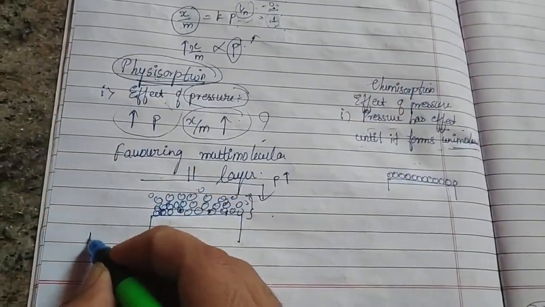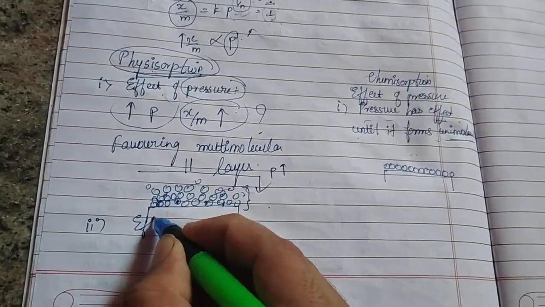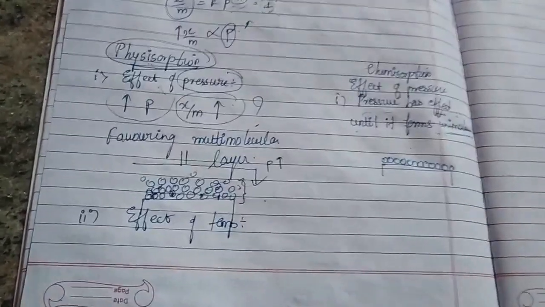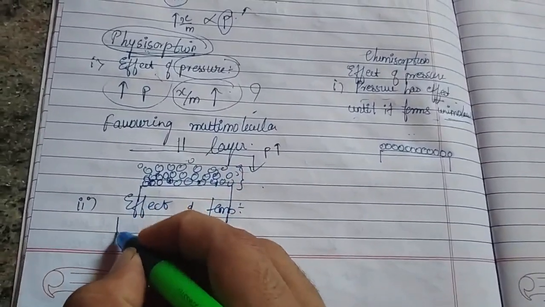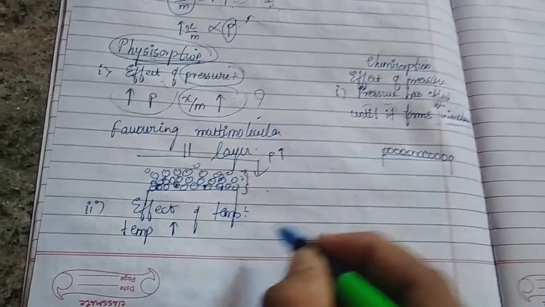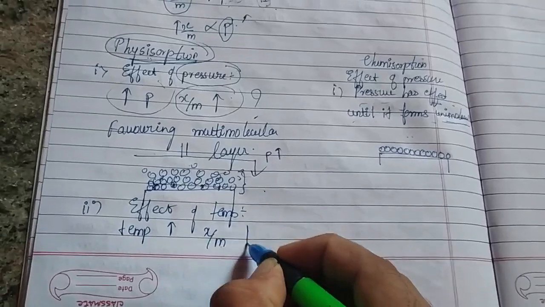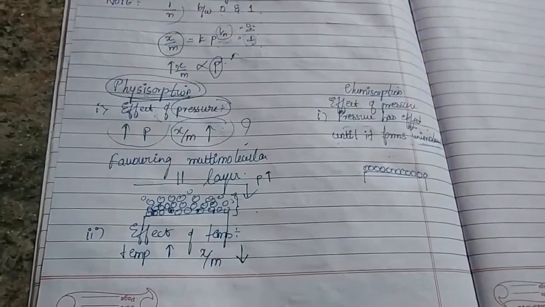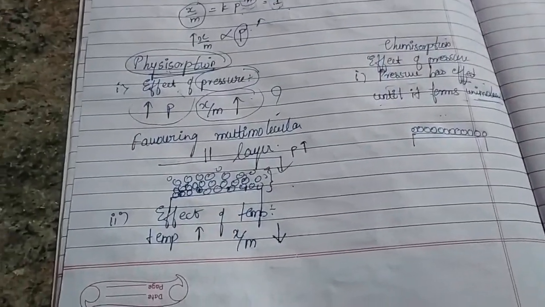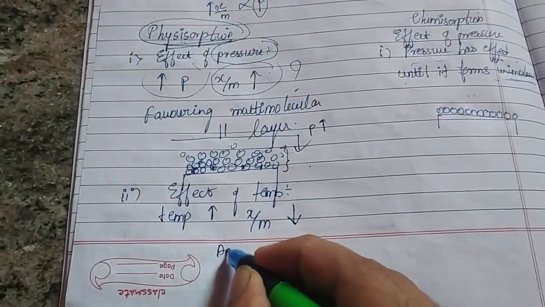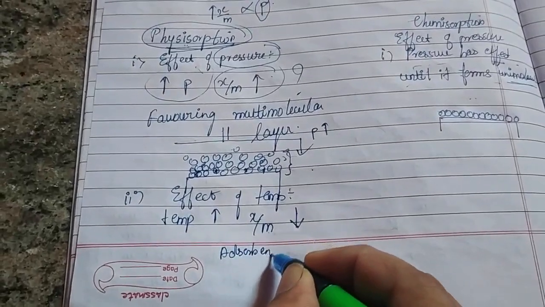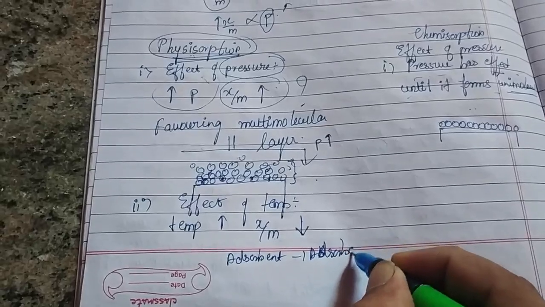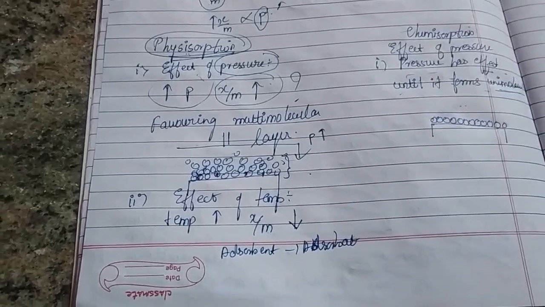Coming with respect to temperature, please do remember the effect of temperature. Of course, as the temperature increases, the extent of adsorption decreases, as we have seen in the general case. Why? Because we know the bonding between the adsorbent and the adsorbate is a weak van der Waals force. So when the temperature is increased, what happens?